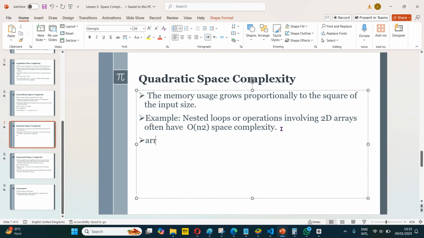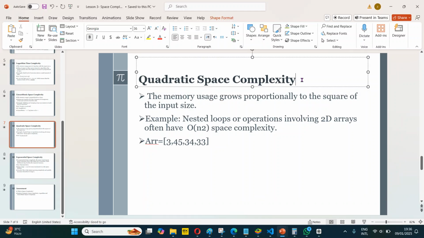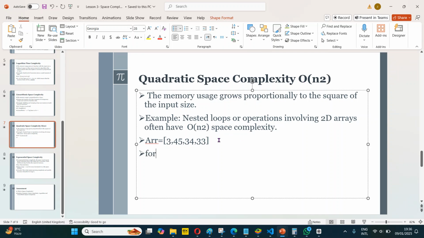So let's assume that we have an array like this, with 45, 34, and 33. Bubble sort is a good example of quadratic complexity, which works in big O of n squared, because it has a nested loop.